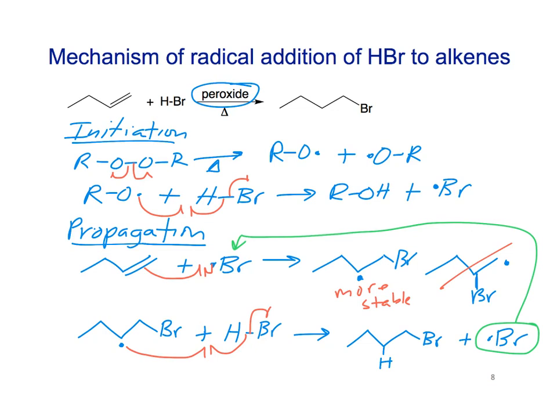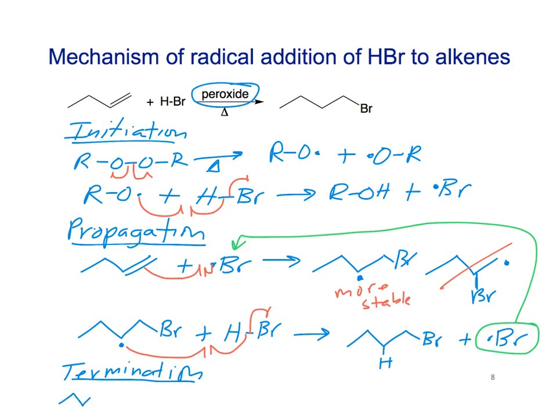Now the termination for this one, and I never leave myself much room down here, has a lot of different possibilities, right? Because we have the oxygen radicals, we have the bromine radical, we have the carbon radical. So we have quite a few possibilities. So let's just draw a few of them in here.